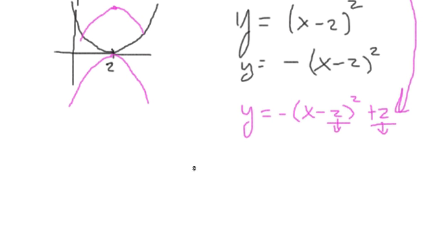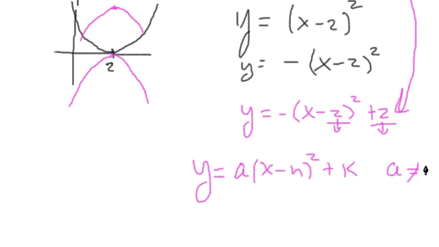And in general, and of course we'll be talking more about the vertex in the next section, this is the formula that you might see, where of course a is not equal to 0, and the vertex is the point h and k. So it's whatever these numbers are right here.